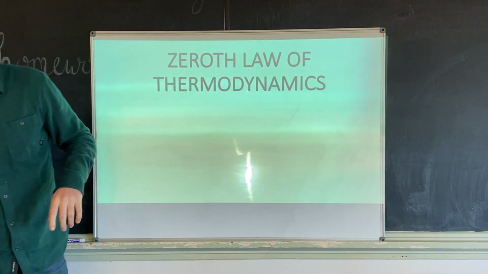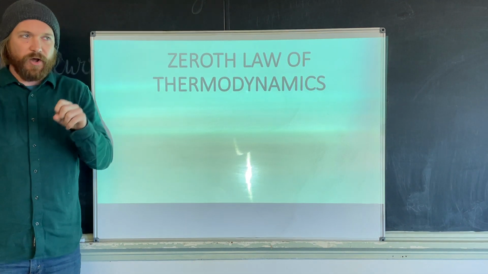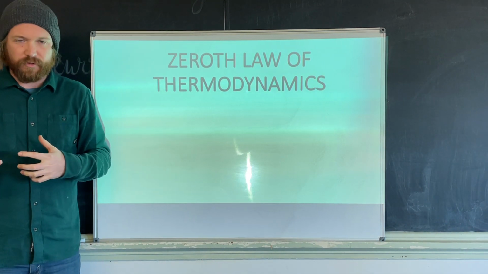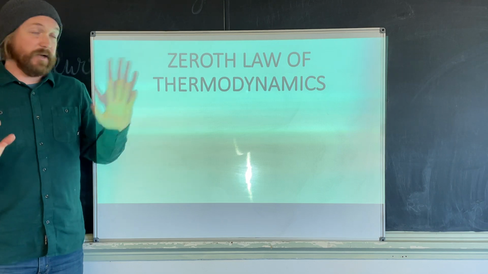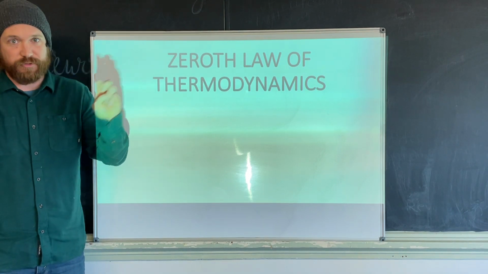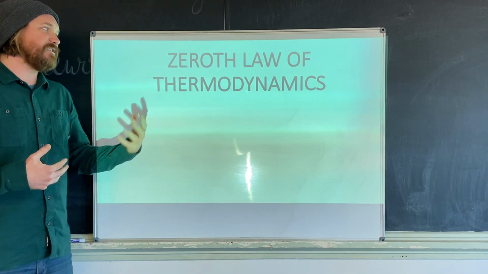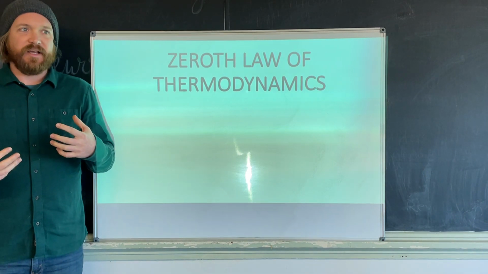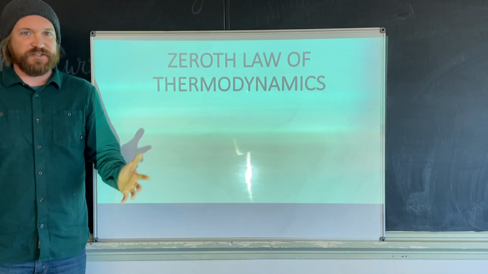Let's just jump in. The first law is actually what's called the zeroth law, and most people refer to it as the zeroth law of thermodynamics. I guess it's called the zeroth law because it's true everywhere, not just in thermodynamics.